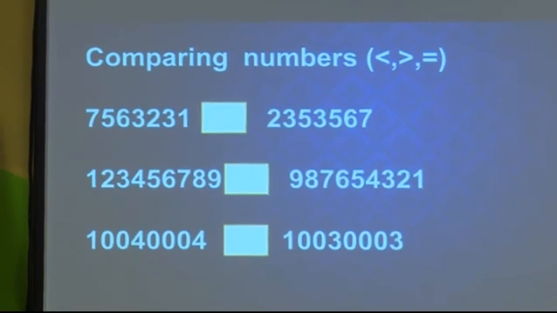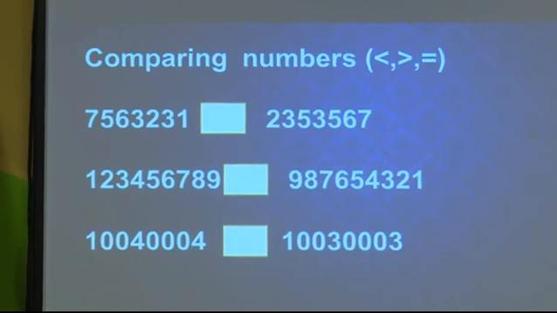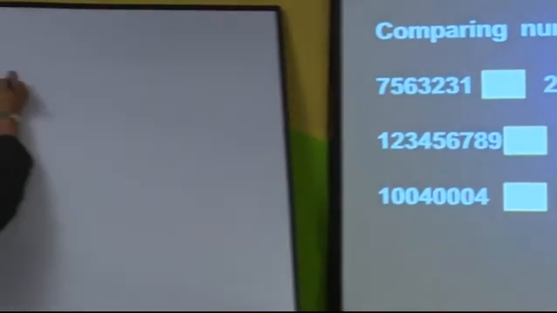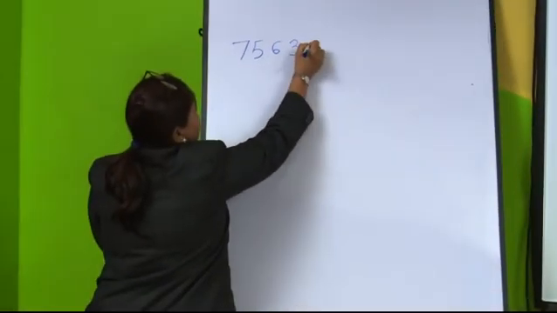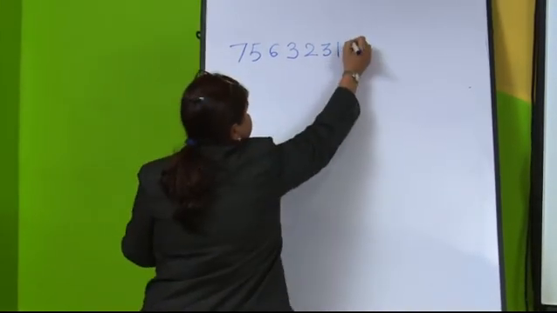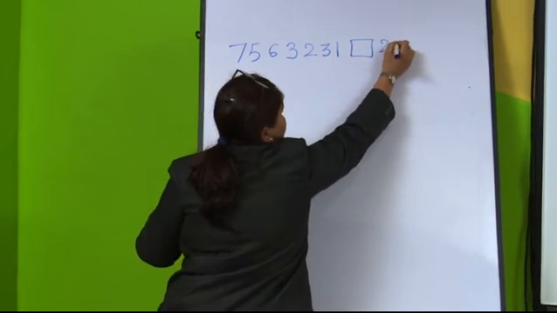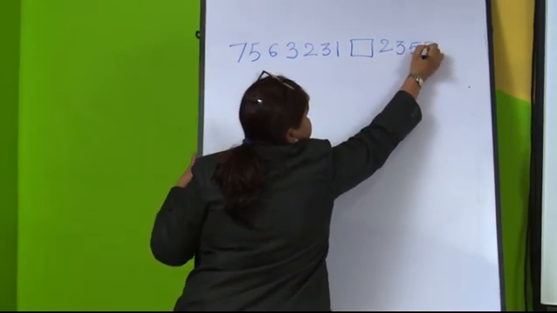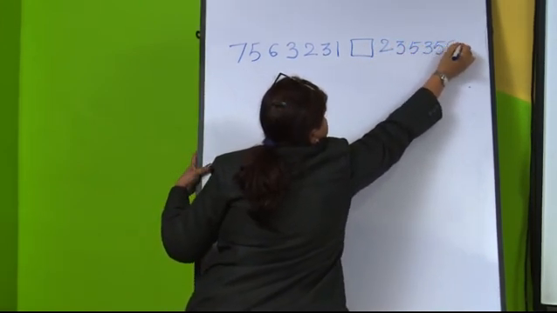Here first what we have to do? First we have to count the number of digits. How many digits are there in the first? Here we have the number 7, 5, 6, 3, 2, 3, 1. I have to compare this with 2, 3, 5, 3, 5, 6 and 7.